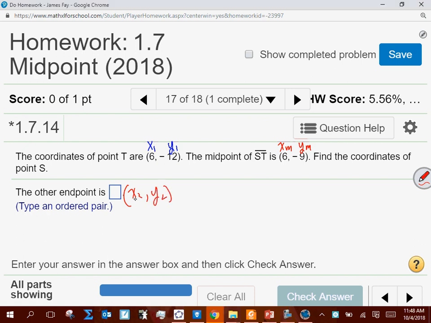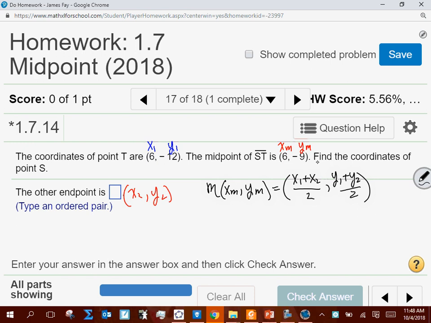Does that make sense? We've got X1, Y1, we've got XM, YM, we're looking for X2, Y2. So, going back off our formula from yesterday, the midpoint, X sub M comma Y sub M, gives us X1 plus X2 over 2 and Y1 plus Y2 over 2.